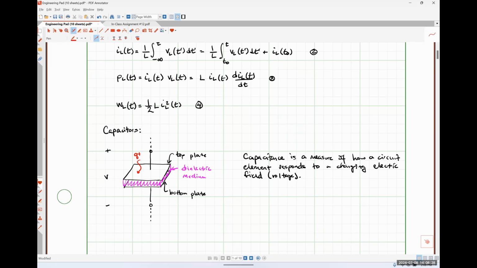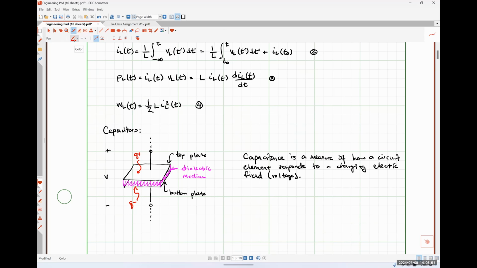Very similarly, positive charge on the bottom plate will be attracted towards the negative polarity terminal of the voltage that's supplying the drop across the capacitor. And so that's going to wind up leaving behind a negative charge on the bottom plate.